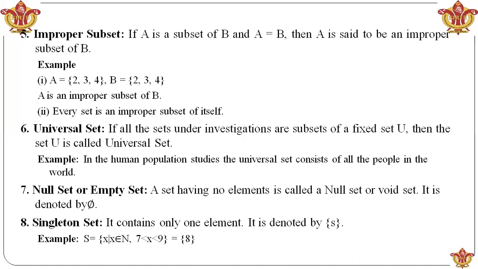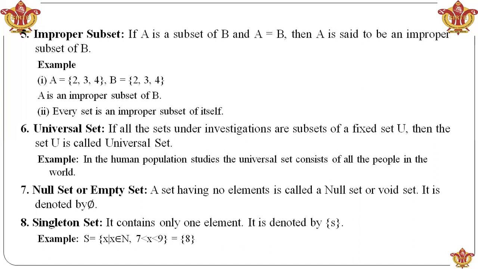For example, in human population studies, the universal set consists of all the people in the world, right? So this is the universal set, because all people have their own identity, their own health, height, complexion and unique properties.